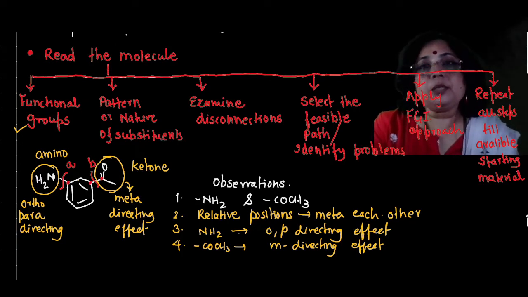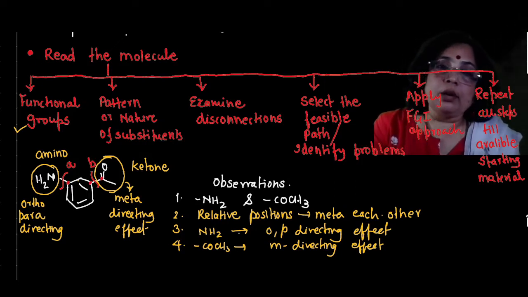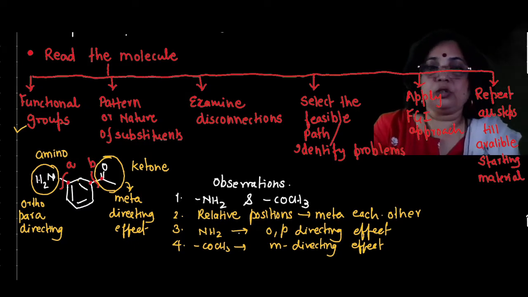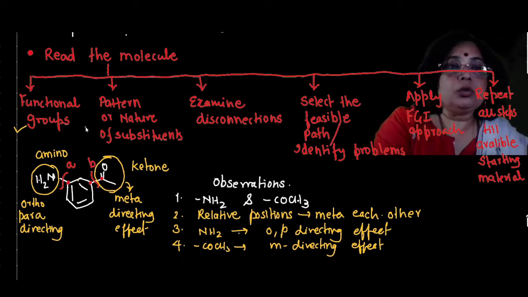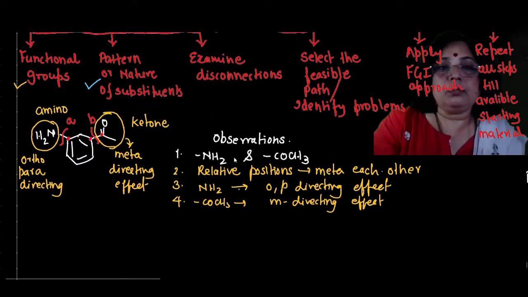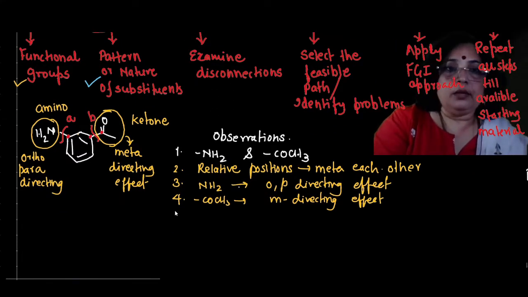So there are various pathways. Which disconnection is possible? We have to try all the possible disconnections over here. So let us try the possible disconnection. This part we have finished. Now we are going to examine the disconnection approach, that is the fifth point.